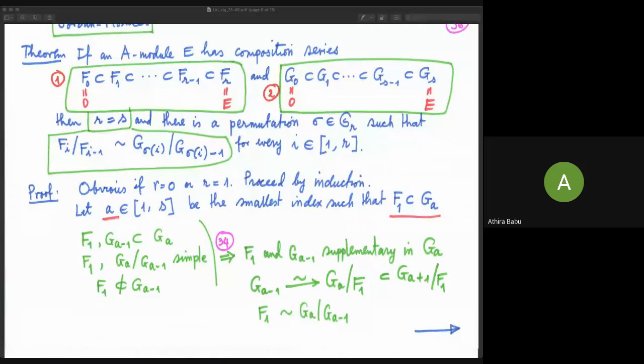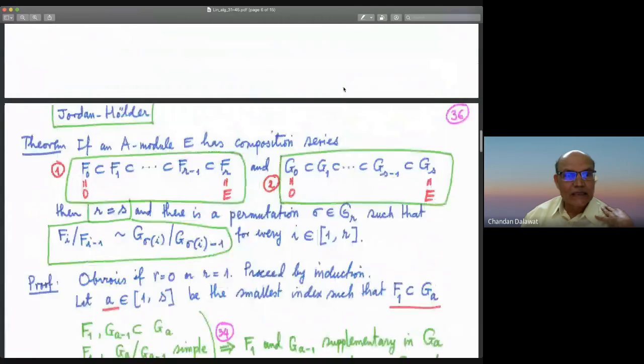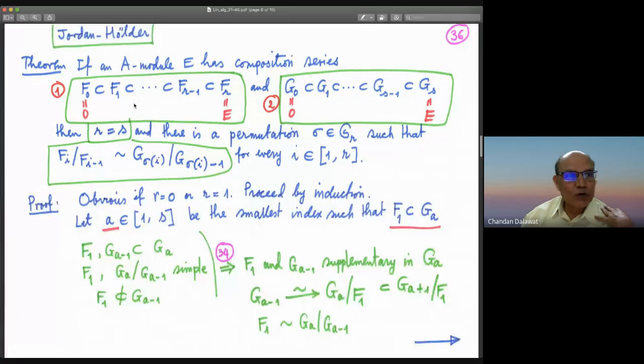Sir, when R equals 0 or R equals 1, how can we prove R equals S in that case? If R is equal to 0, then what it means is that the module itself is the 0 module. If the composition series has length 0, then actually there's nothing in it. It's just F0 equal to 0, and it's also equal to the whole module. Similarly, if R is equal to 1, it means that F0 is 0 and F1 is equal to the whole module, and F1 modulo F0 has to be simple because it's a composition series.